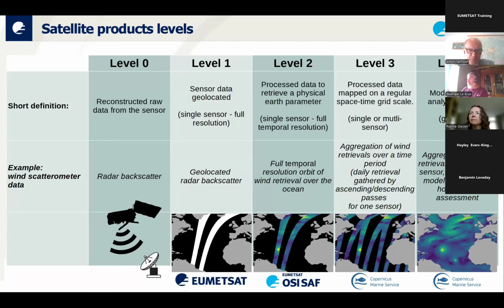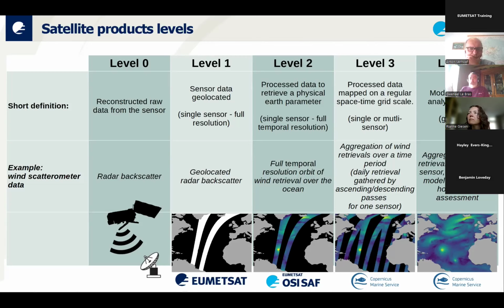In the institute working on producing data, we get the level 1 data and we process the data to fit to a physical parameter that we want to observe. So in our case, KNMI gets the level 1 data from ASCAT in the example shown on the image and processes it to retrieve the wind direction and the wind speed out from the radar backscatter.